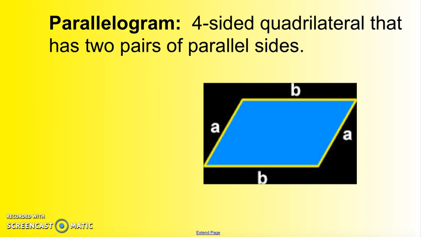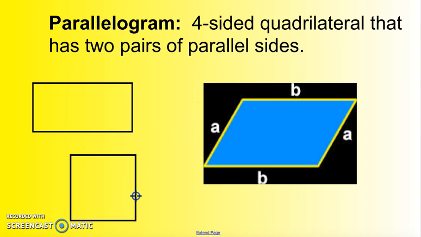Now, other figures that are parallelograms are like a rectangle. That is considered a parallelogram because it has two pairs of parallel sides, and it also has two pairs of equal sides. Now, a square is also a parallelogram because it too has two pairs of parallel sides and two pairs of equal sides.